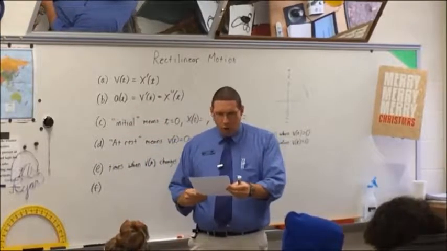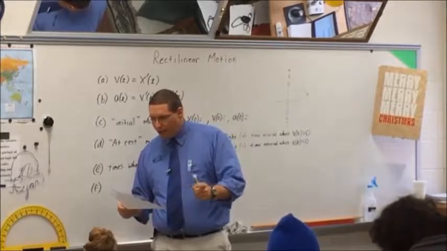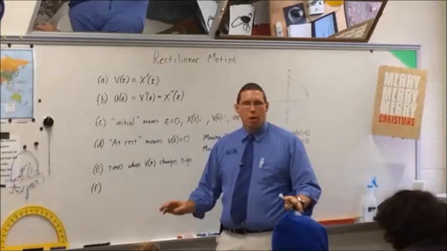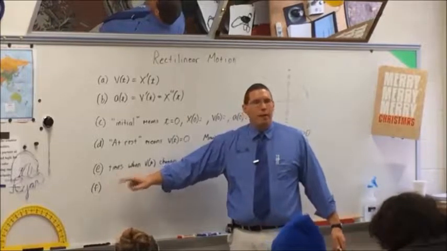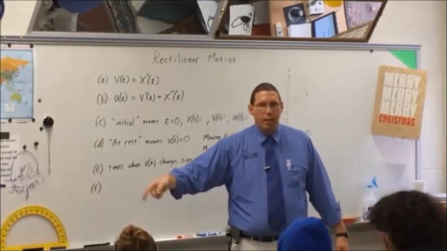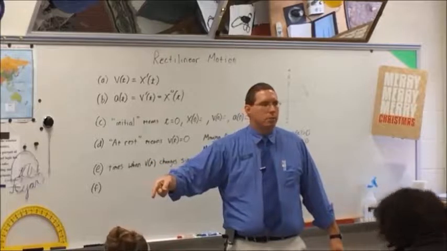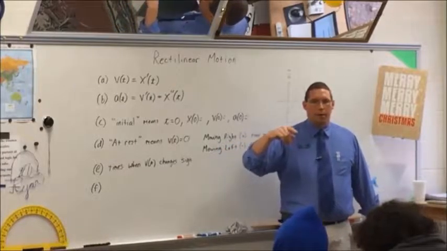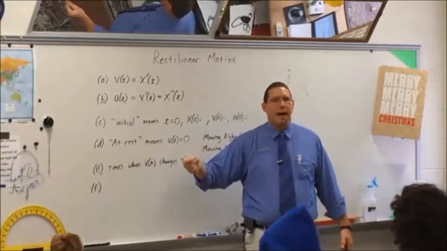All right, F. What is the object's position and acceleration each time it changes direction? F is actually pretty easy. How would we find the position of the object at any time?